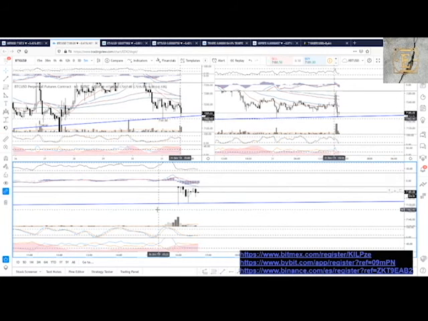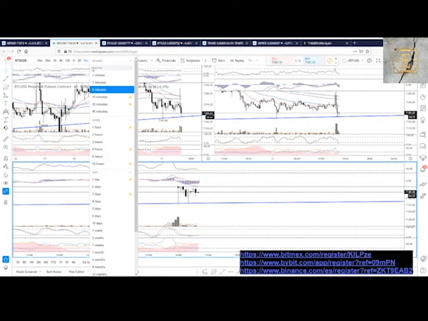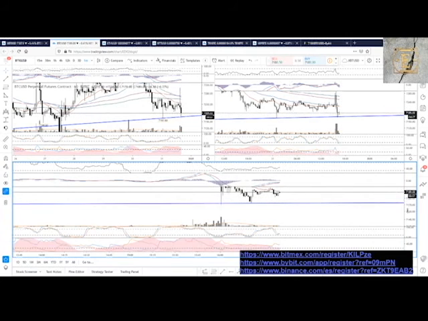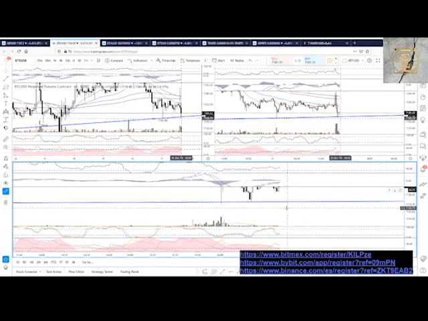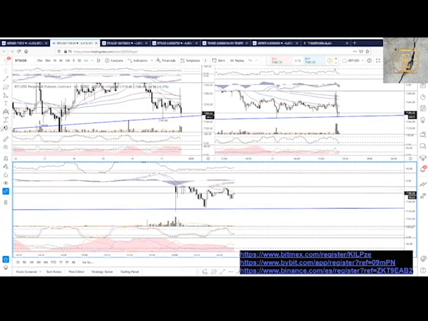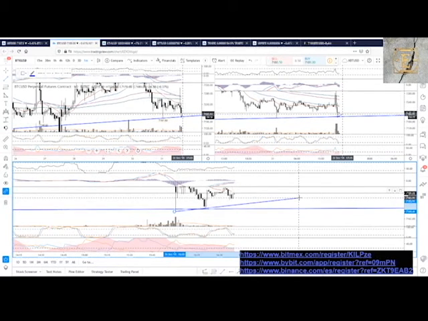So indeed, I'm going to switch to 1 minute. Let's see what is happening. So this kind of trend line here. So perfect.